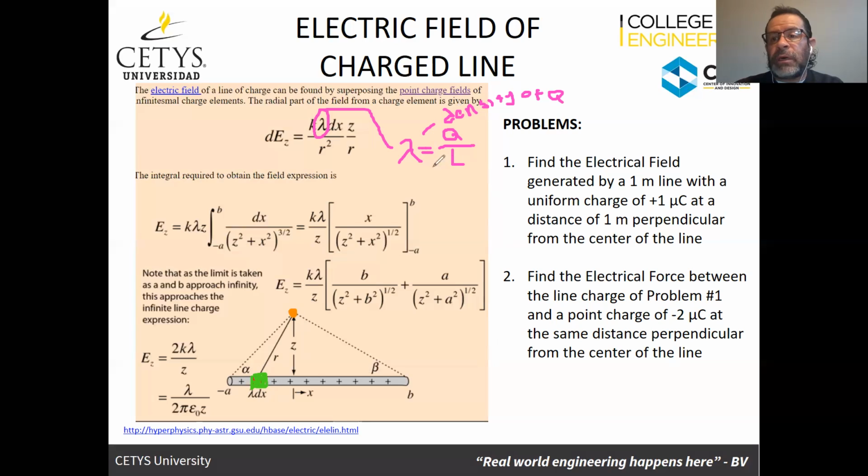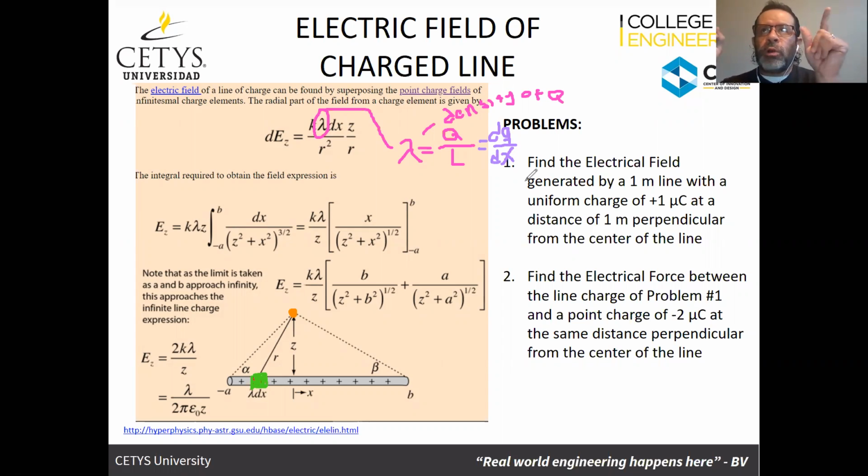And so, remembering what we know about differential calculus, lambda is a relationship between the total charge and the length, and this is also equal to the small portion of charge, dq, divided by the differential of the length. So if the whole line is of length L and has a charge Q, then a small differential of line has a small differential of charge dq. So lambda is equal to dq divided by dx.